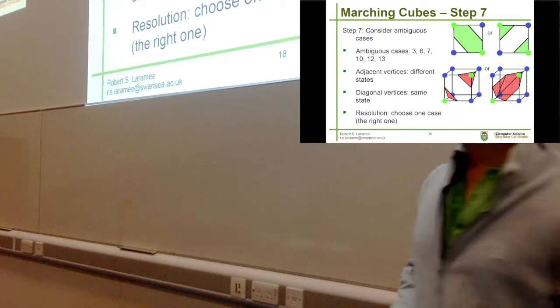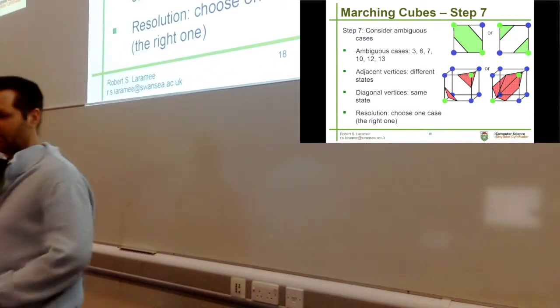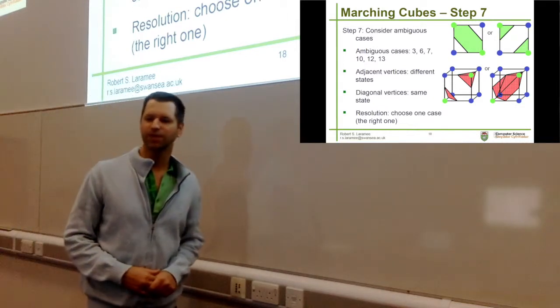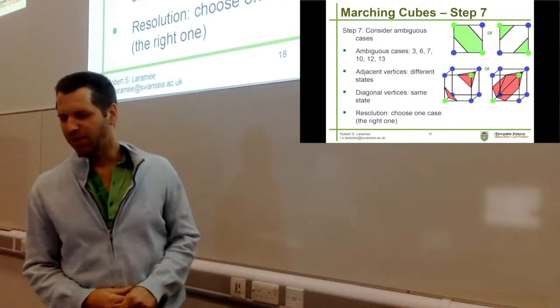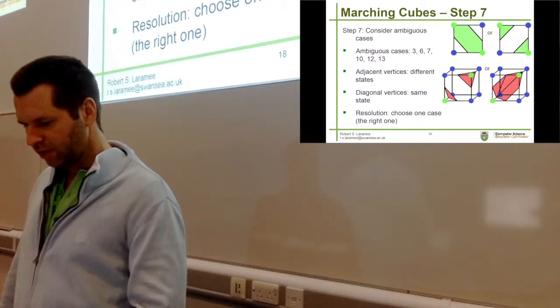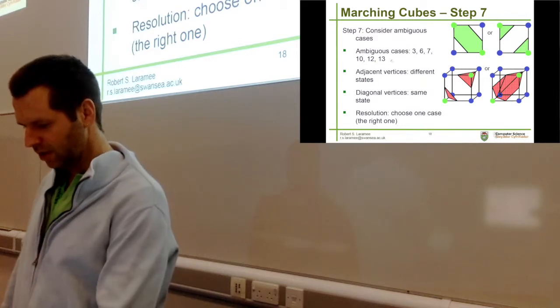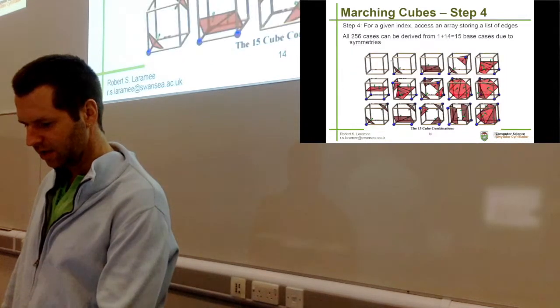So there's a gotcha in the algorithm, like a snag, if you will. And those are ambiguous cases. So you can imagine ambiguous cases 3, 6, 7, 10, 12, and 13 in this slide.